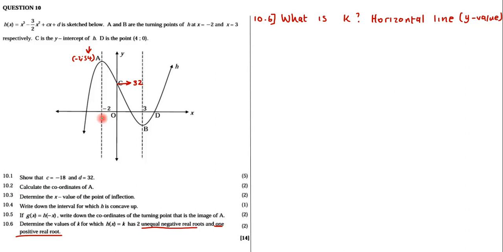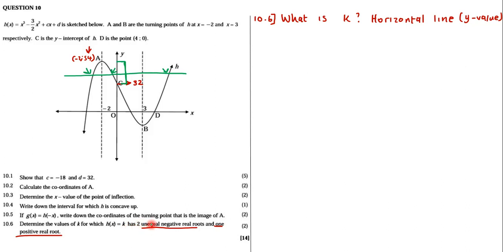Now if you notice in this section, if I draw the line here, or the value of k here, you can see that this value of k does intersect here, and there. The x value here is negative and also negative here, but then here it is positive, which means within this interval, if our horizontal line is between there, then when this horizontal line cuts the graph of h of x, it will cut it at three points.